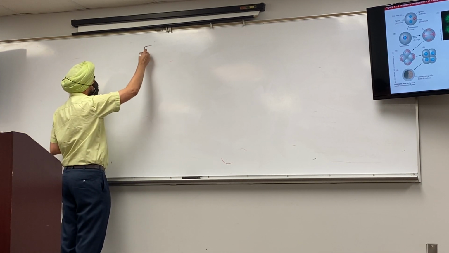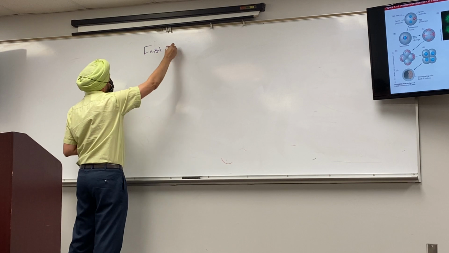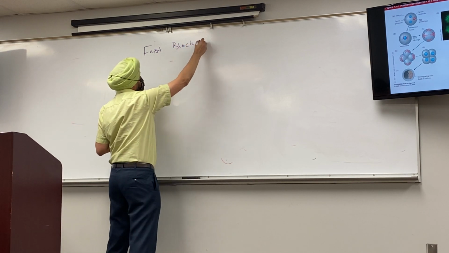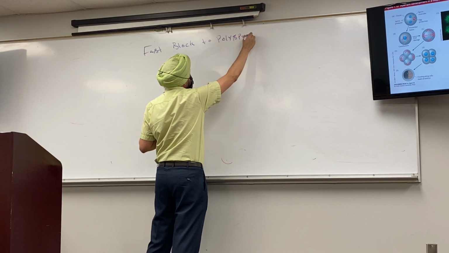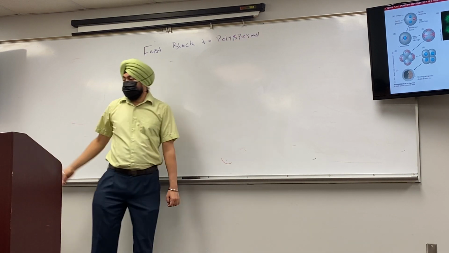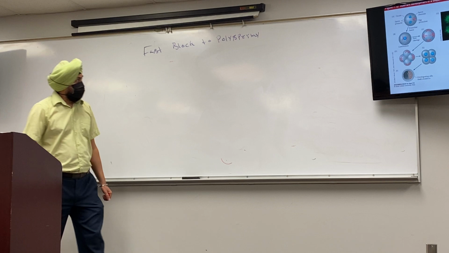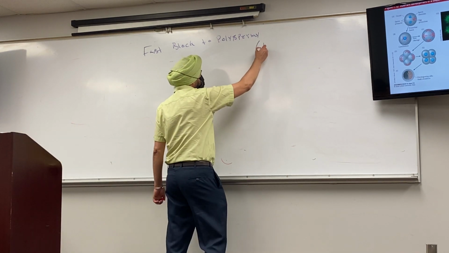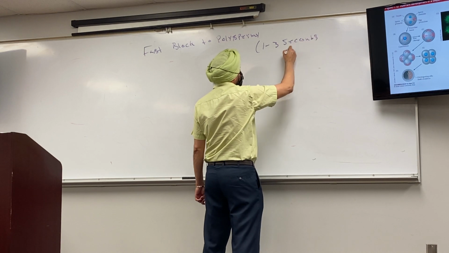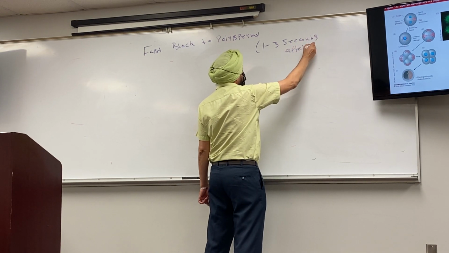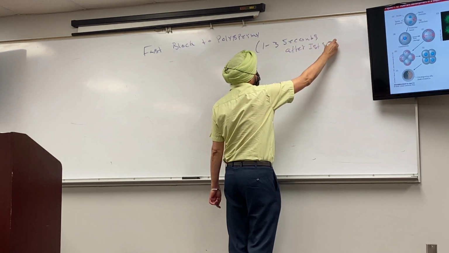The first mechanism is called the fast block to polyspermy. Fast block to polyspermy. And this actually happens within 1 to 3 seconds after first sperm binding.